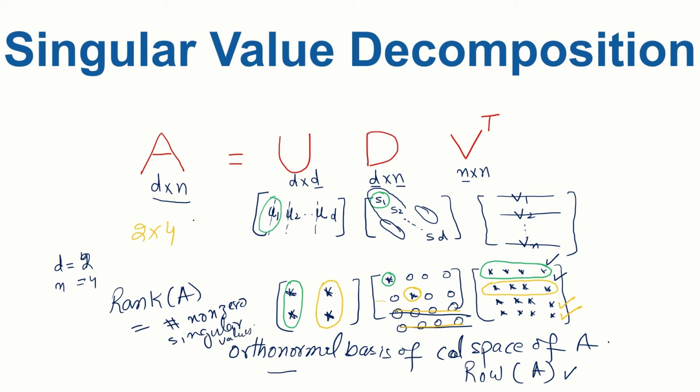So now you have one matrix, you have just its SVD, and you have a lot of information.